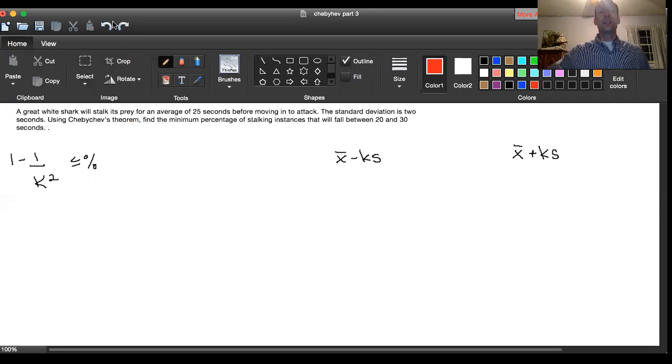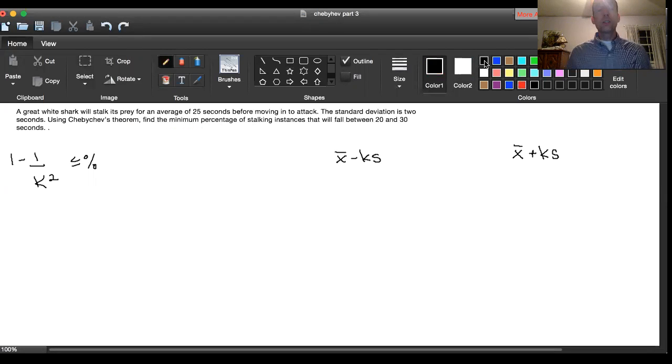The answer is the keyword "minimum percentage." Chebychev is always going to use one of two catchphrases most of the time. Either it's going to speak of finding "at least" what percentage, or it's going to mention a minimum percentage. That's where you know you want to start thinking about the Chebychev theorem.